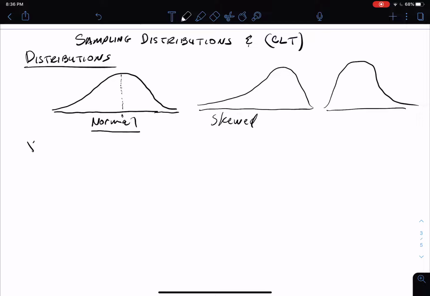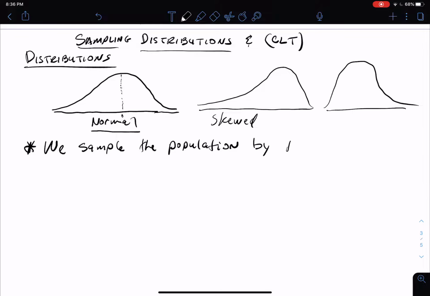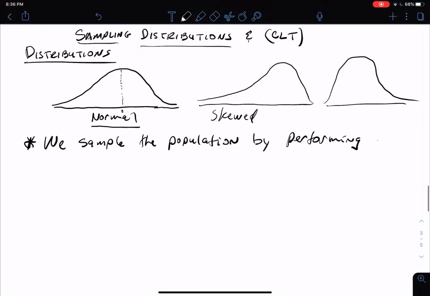So bullet point number 1, just to start breaking down this whole sampling distributions idea. We sample the population, and we talked about this before, by performing a simple random sample.